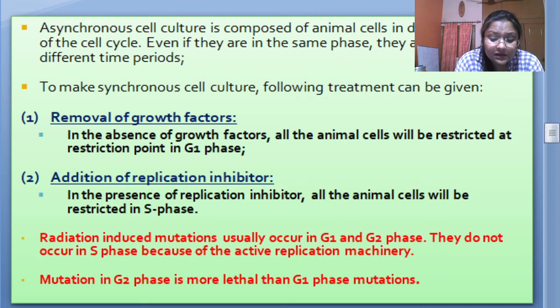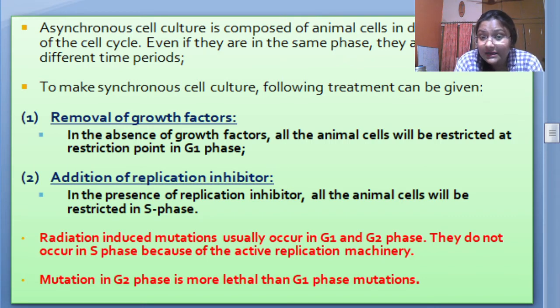But we can make this kind of cell culture synchronous. For that we will have to give them some treatment. Like if we remove the growth factors, as I told you, growth factor is very important for the cell cycle to proceed further from G1 phase or gap 1 phase.